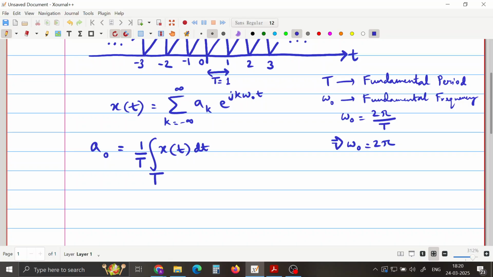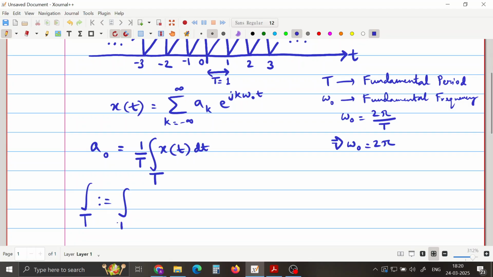So this actually is a representation of the fact that you are integrating over one time period. This in general could mean an integration over an upper limit and lower limit chosen such that the difference between the upper limit and the lower limit is equal to your fundamental period capital T.